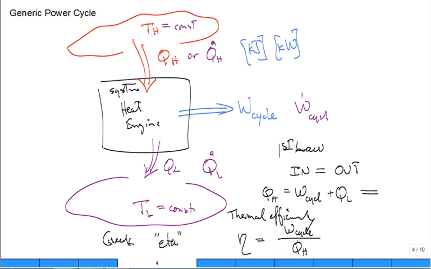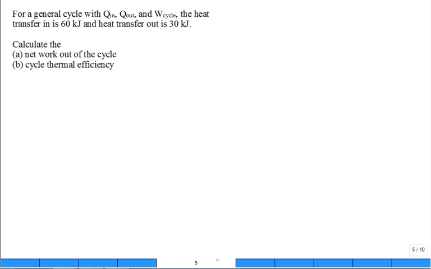That's the definition. Sometimes you put three bars right there. Now we can solve a lot of problems. Whenever you're given a problem here, think about making sure the first law is satisfied. Energy is conserved. And then often compute the efficiency, or maybe they give you the efficiency. So for a general cycle where there's a Q in, a Q out, and a work of the cycle, just like what we have here, there is a Q in.